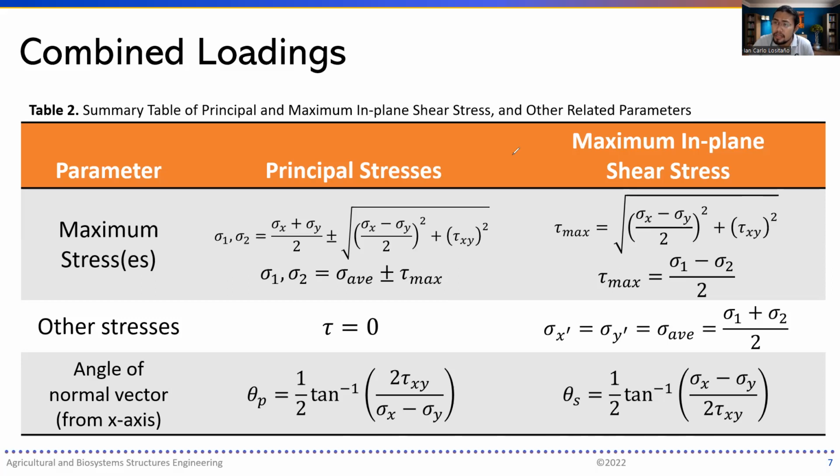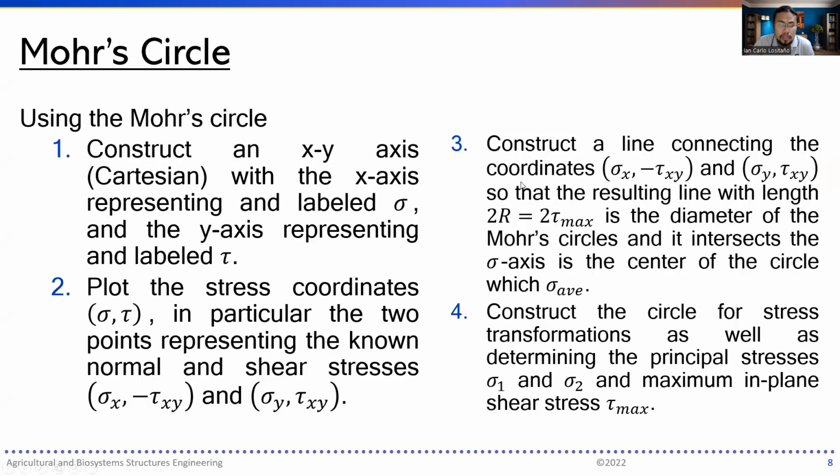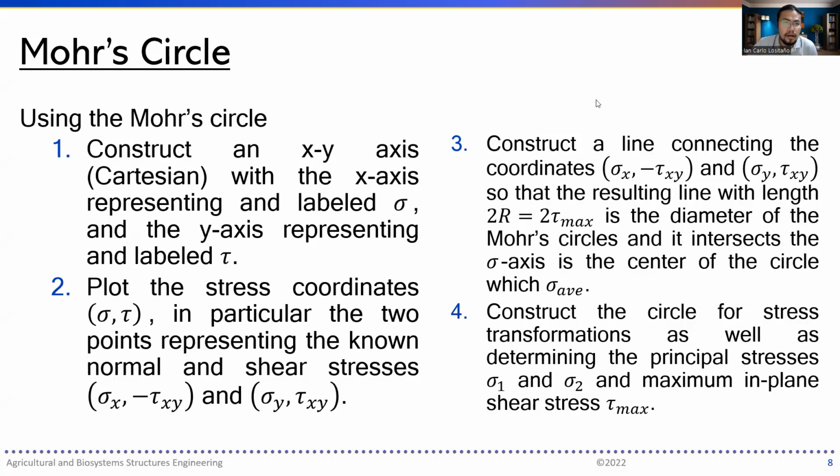But graphically, again, there is a solution, and it's called the Mohr circle. The Mohr circle will solve for the principal and maximum in-plane shear stresses using a graphical method. Again, the Mohr circle is a graphical solution.